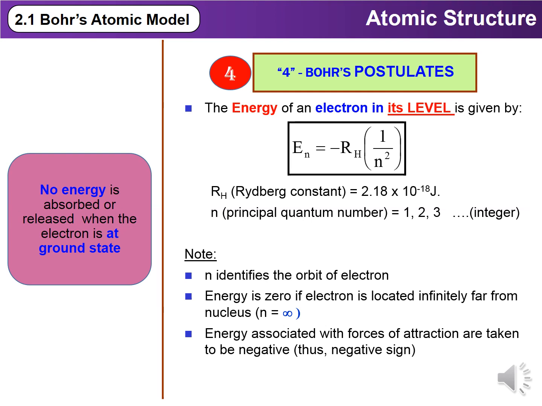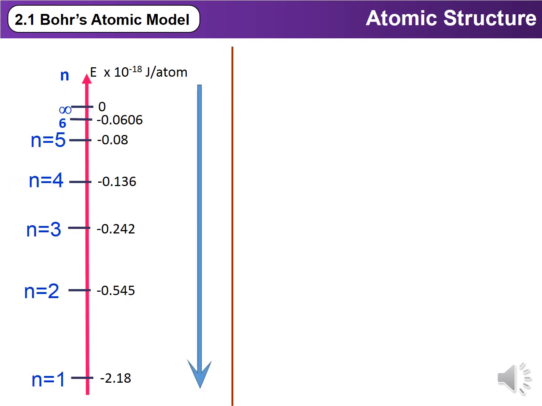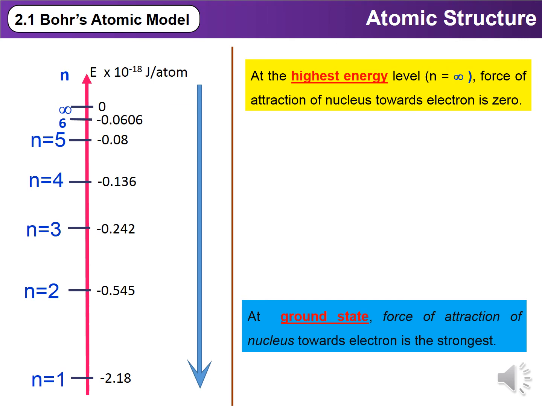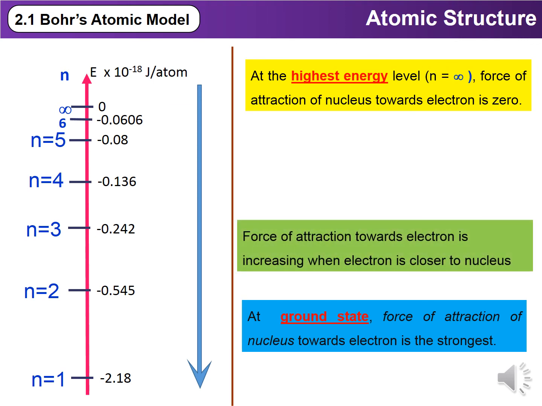Right. When can the energy become 0? When the energy becomes 0, your n is infinity. Infinity here means the electron has no attraction force with the nucleus. As shown in the slide, the ground state has the strongest attraction towards the nucleus.